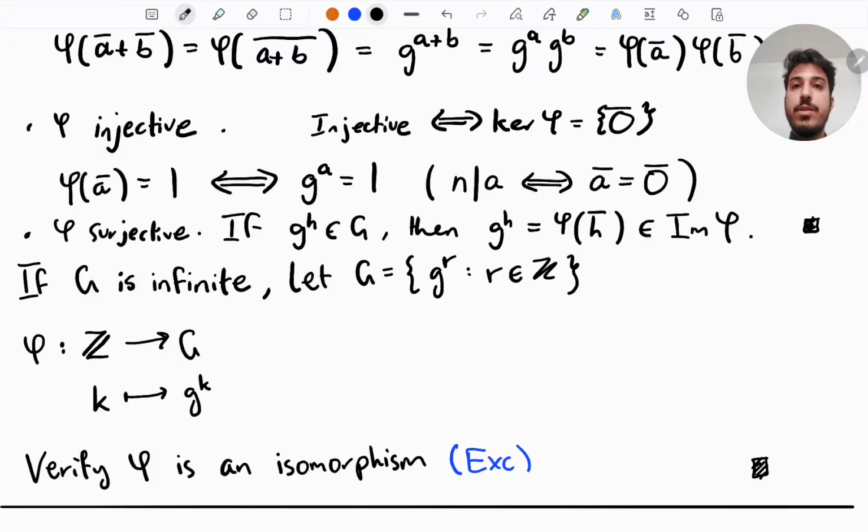So it is to you now to prove that phi is an isomorphism, and having done that, you will have proved the infinite case. And this terminates the proof of this theorem.